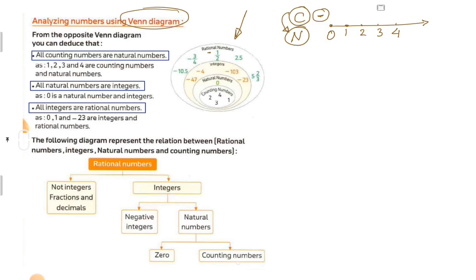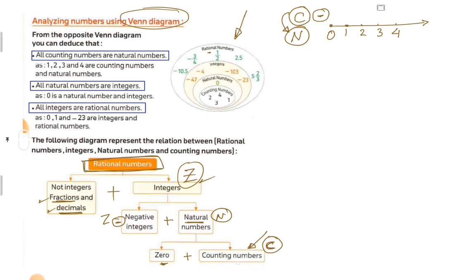So the smallest group we have is counting numbers, C. If I add 0 to counting numbers, we get natural numbers, N. If we add to natural numbers the negative integers, Z negative, we get integers, Z. Okay, integers, if we add the non-integers, fractions and decimals, to the integers, we get the biggest set of numbers we had learned before.